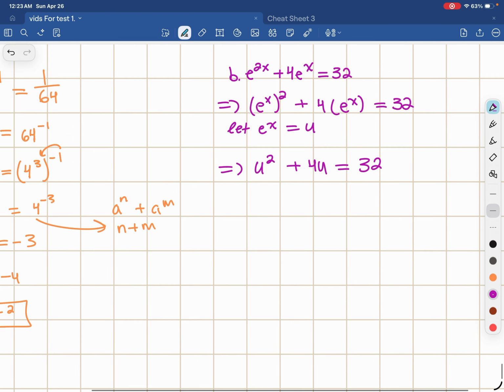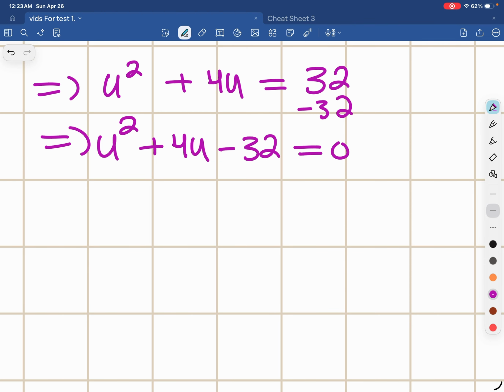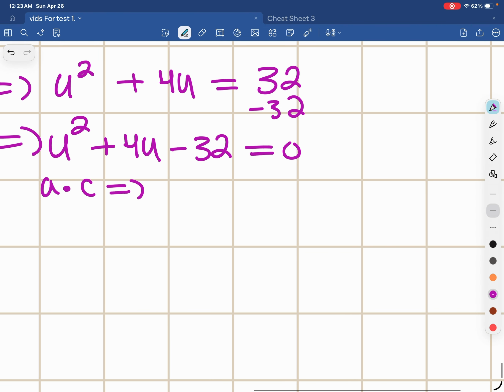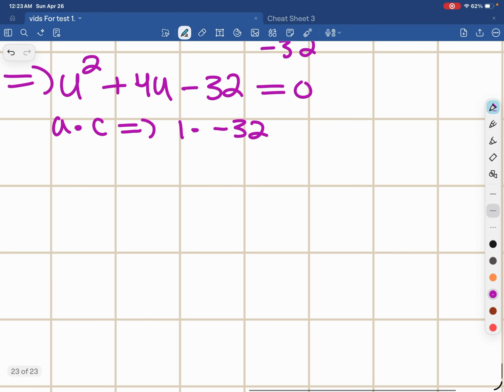Now we'll subtract 32 to get 0 on one side, so we should have u squared plus 4u minus 32 equals 0. We're going to use the A times C method, which is going to give us 1 times negative 32, so negative 32.